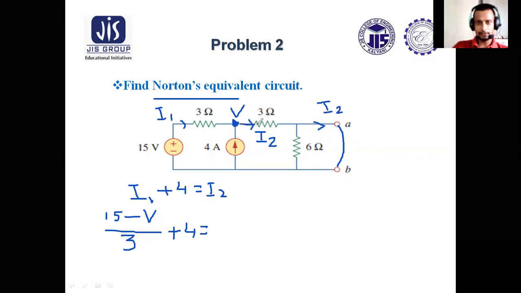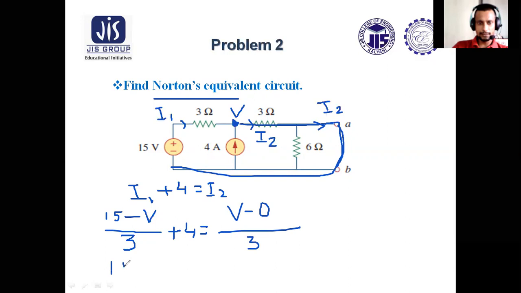I2 current is flowing through this path, from V potential to 0 potential. So I2 is (V minus 0) divided by 3 ohm.